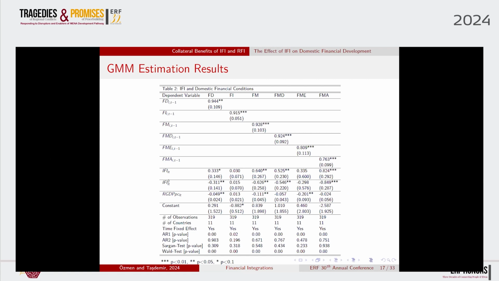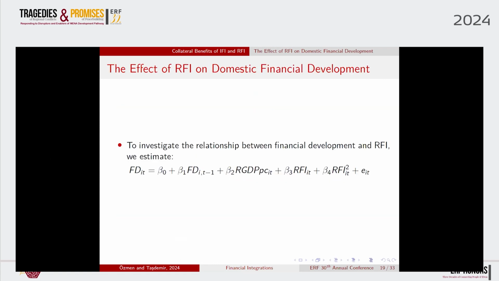When we look at the disaggregated results, we observe that this relation is mainly driven by financial markets and especially financial market depth and financial market access. And then we focus on the relationship between financial development and regional financial integration. These are the results.